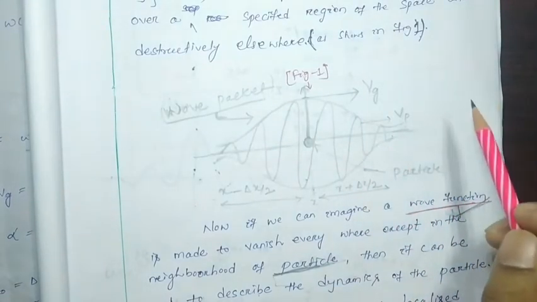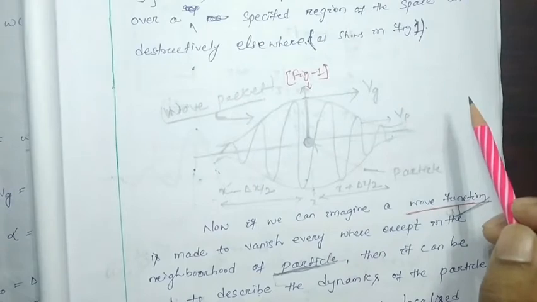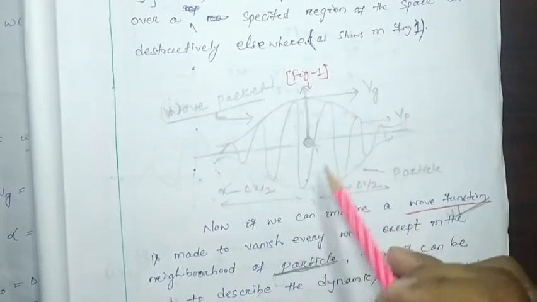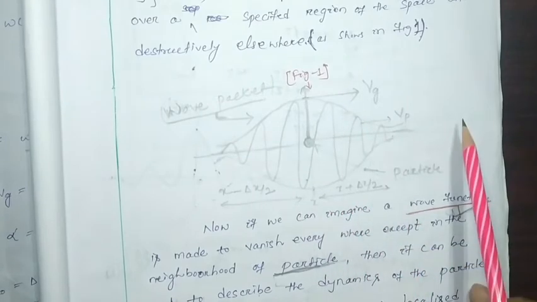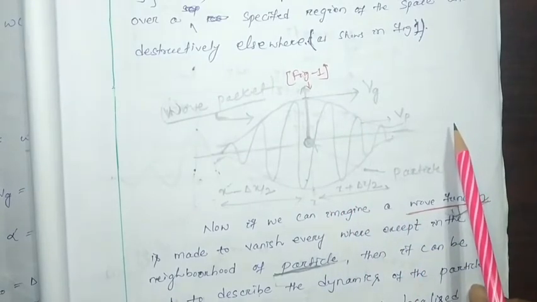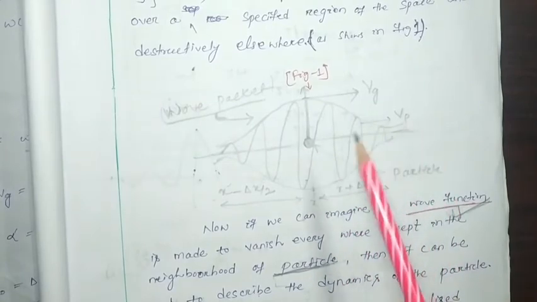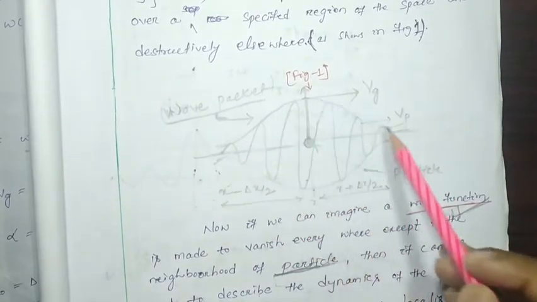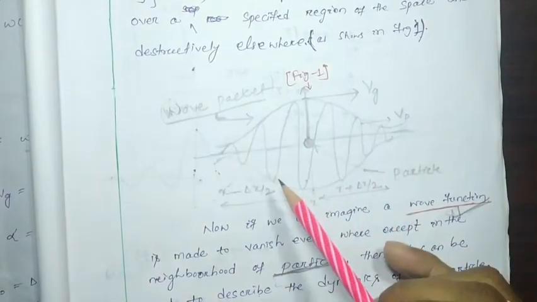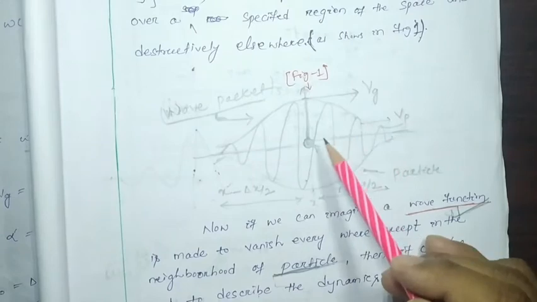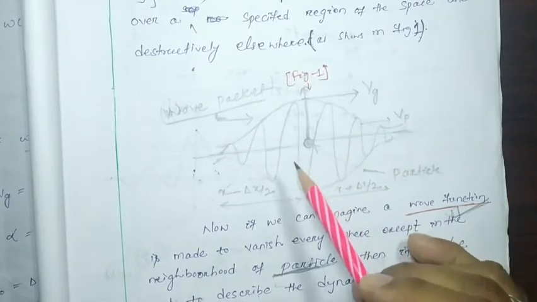Here we are going to discuss whether, if this packet is moving in free space, or a particle is moving in free space, the shape, size or geometry of this wave packet is going to be changed or not.